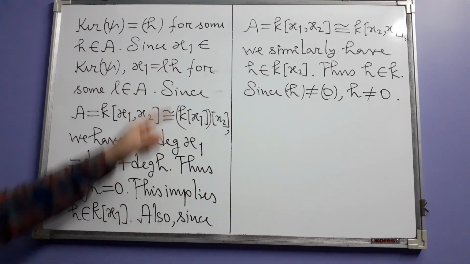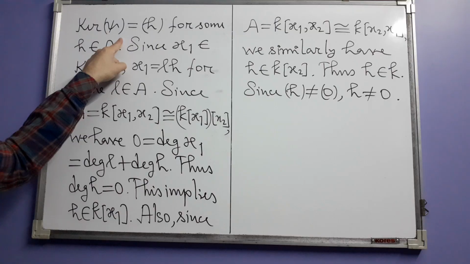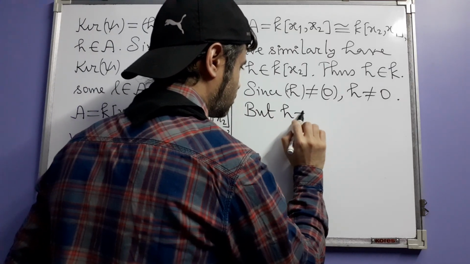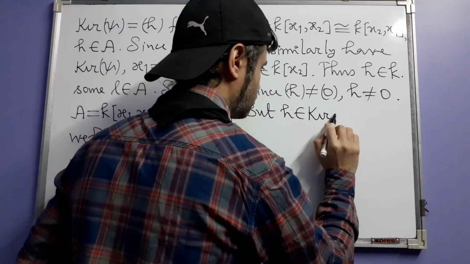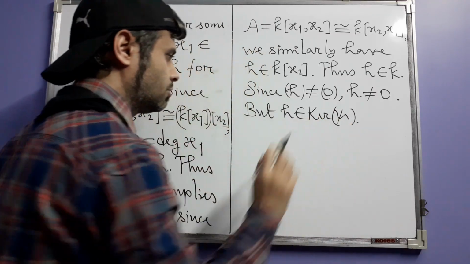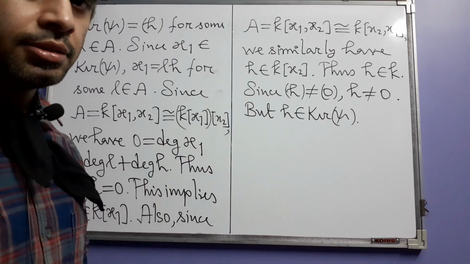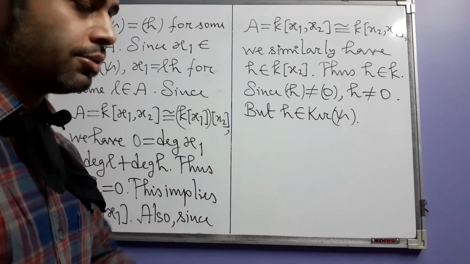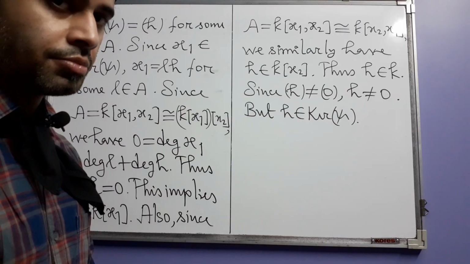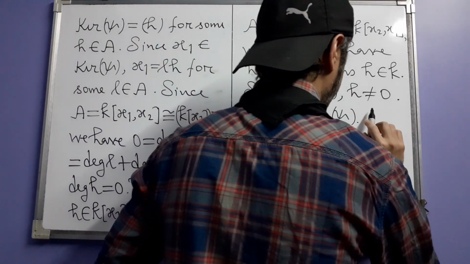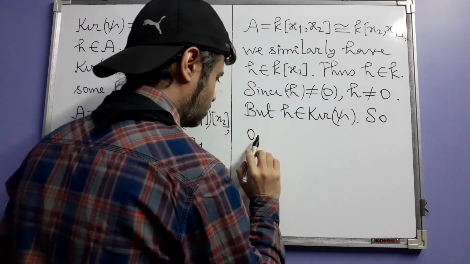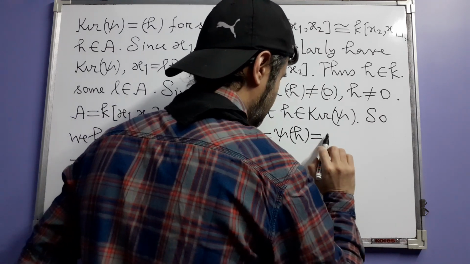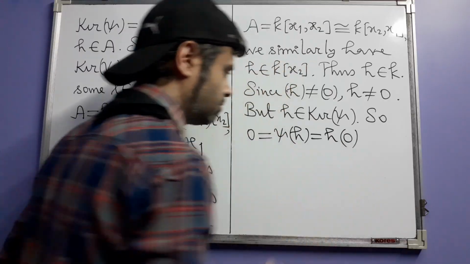However, at the same time, H is in fact an element in the kernel. So the psi image of H should be equal to 0 because it belongs to the kernel. Which however is H of 0.